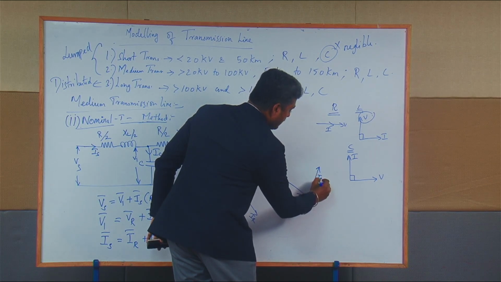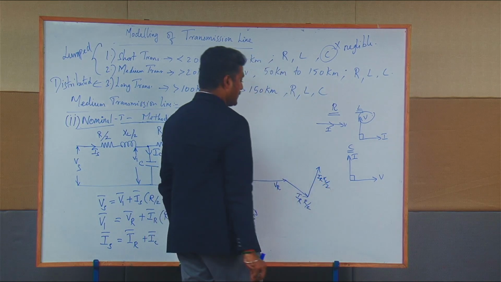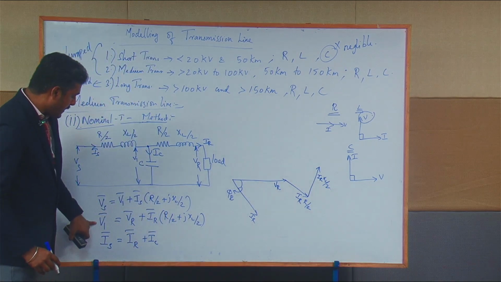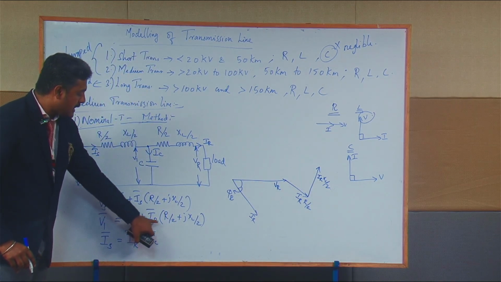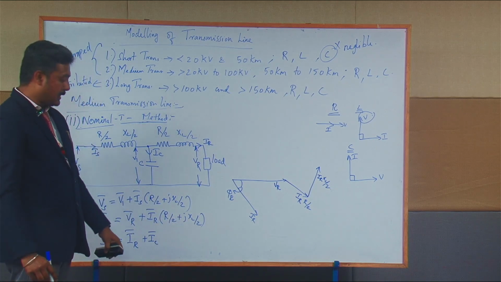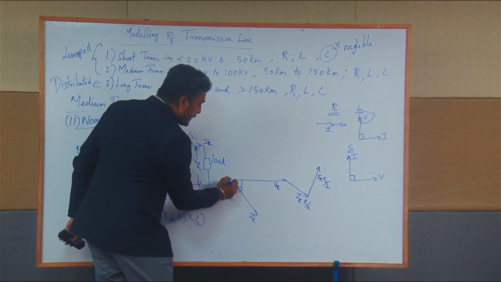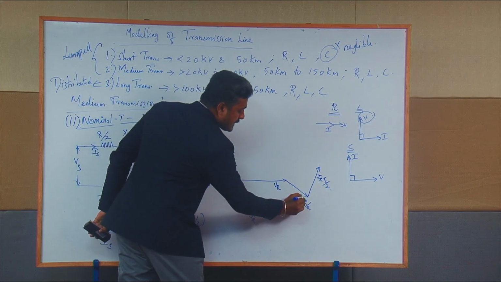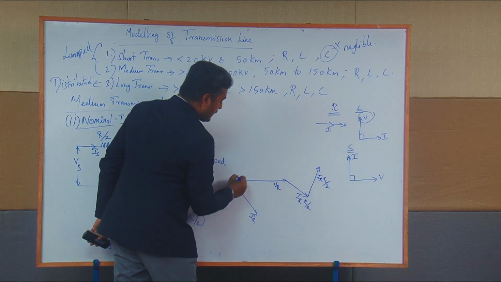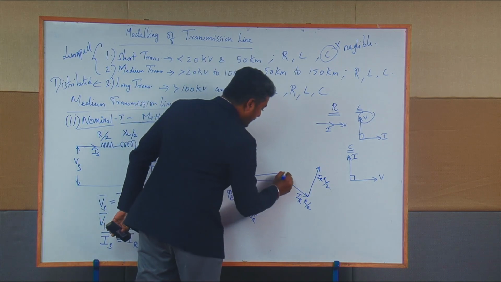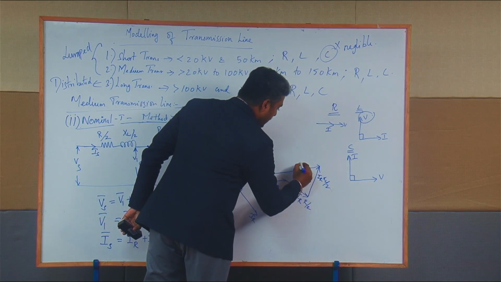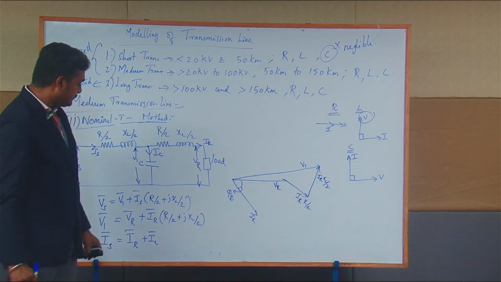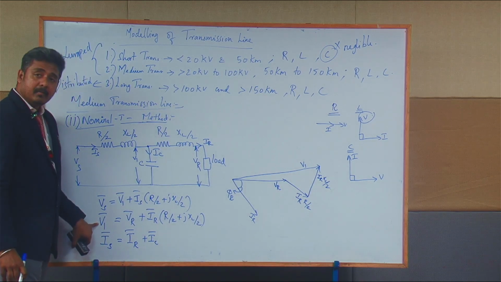V1 vector is VR vector plus IR into R by 2 plus j into XL by 2. Therefore, if I connect these two points, it is the V1 vector. Now I have drawn the V1 vector.